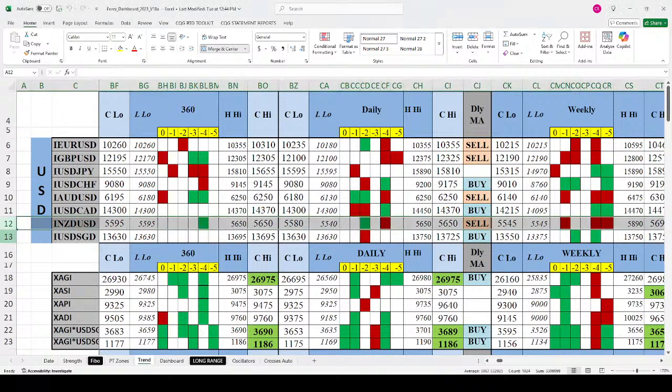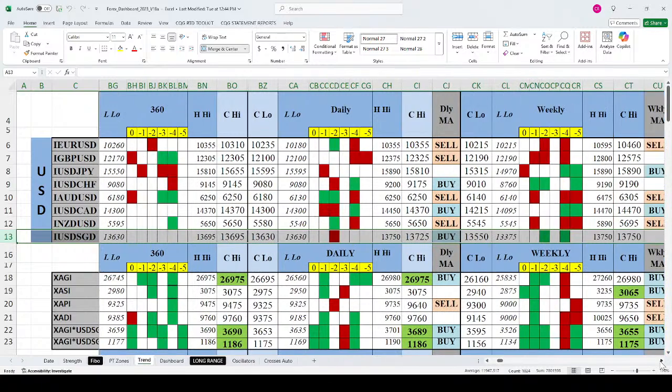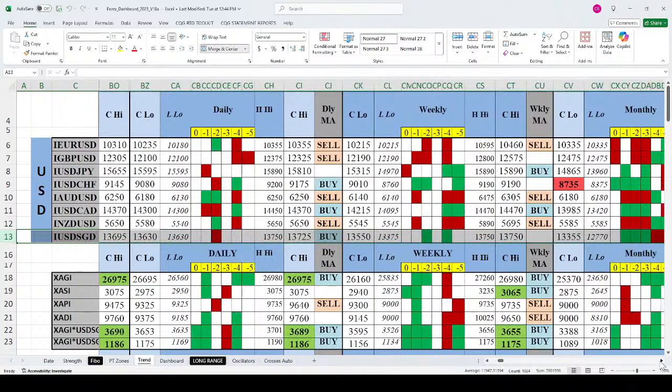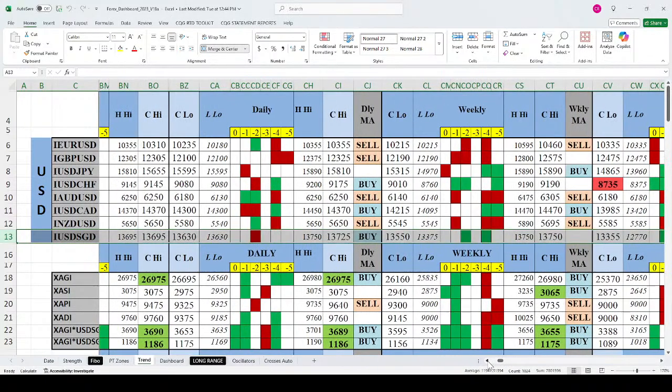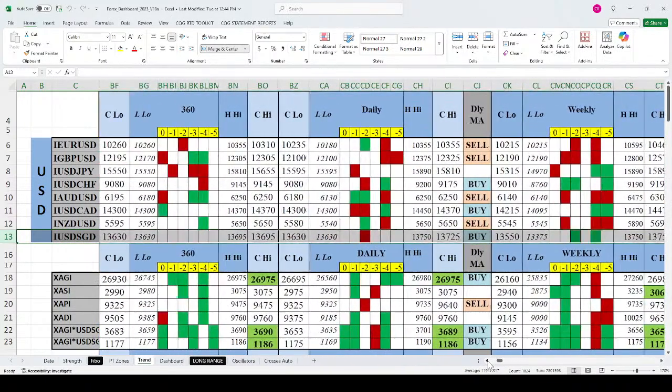Okay, the next currency we are going to look at is dollar Sing. Dollar Sing is flat. Hourly is flat, no clue. Daily is flat with a downside bias. Weekly is flat with an upside bias, and monthly is flat with an upside bias. So buy and hold, or cautious sell, or sell and hold, because the previous two days had a down close.